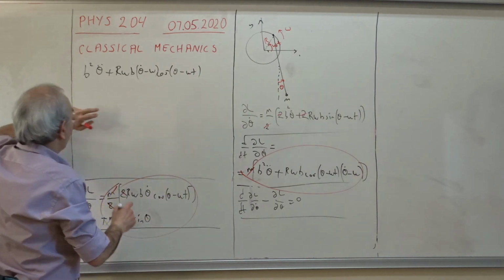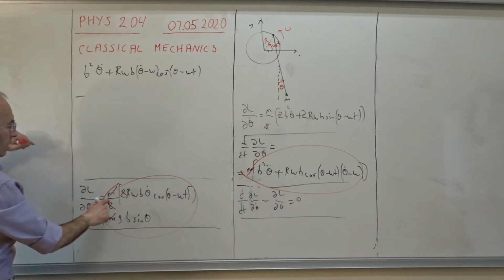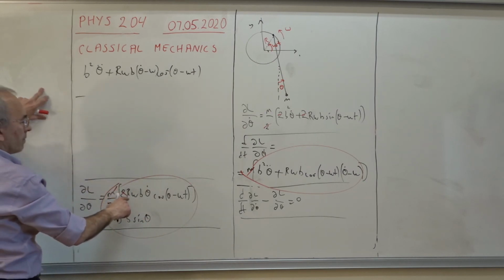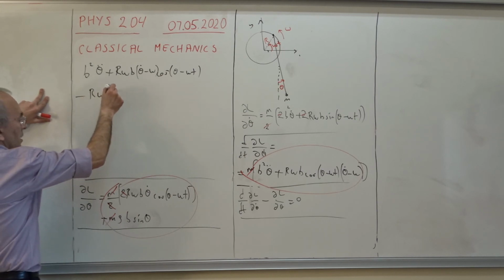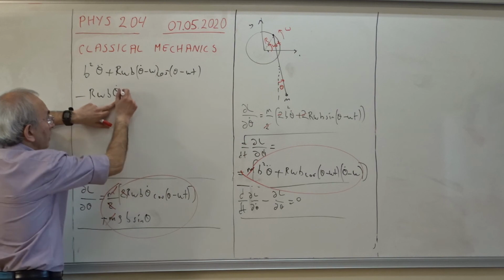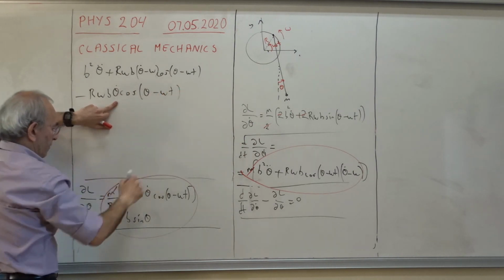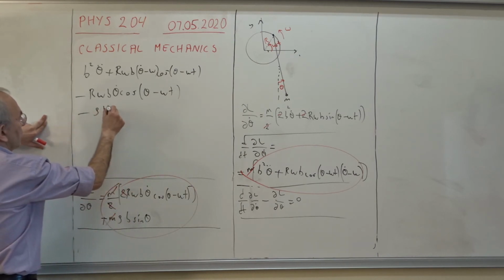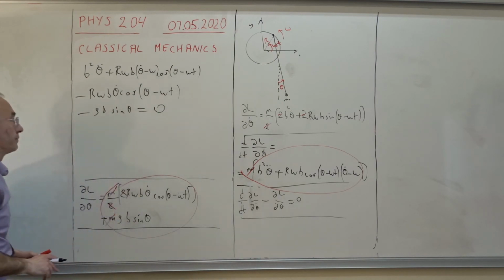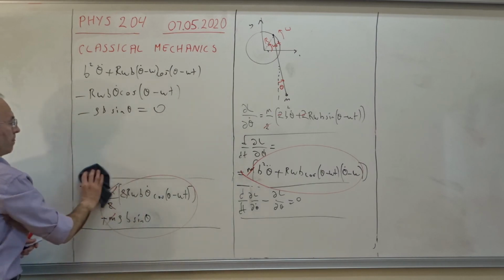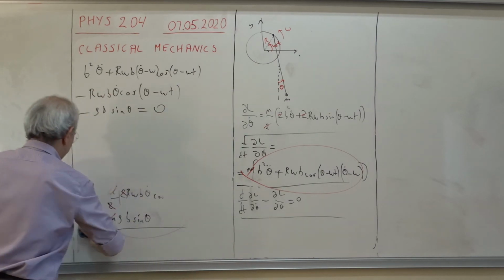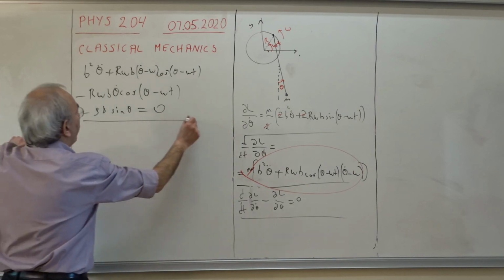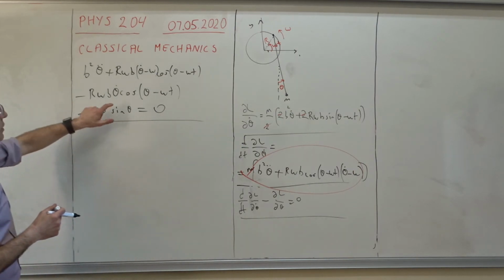Alright? So m cancels, 2's cancel, so this block plus that one, minus r omega b theta dot cosine theta minus omega t, and also another minus sign for the rest, gb sine theta, minus gb sine theta will be 0. Alright, then let's open this one.